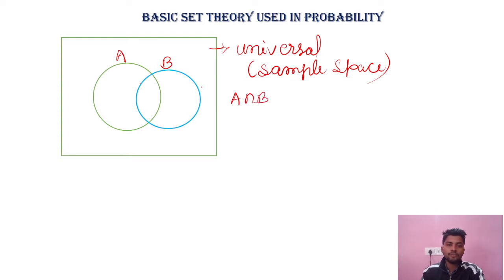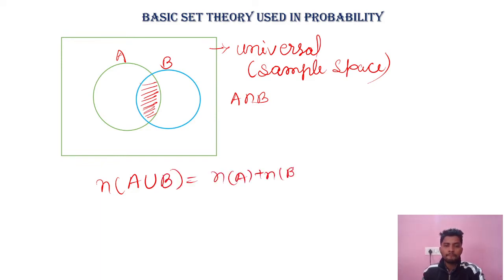A intersection B is this common region. We also have to see one formula related to that: n(A union B) equals n(A) plus n(B) minus n(A intersection B). Okay, so this we have to see.